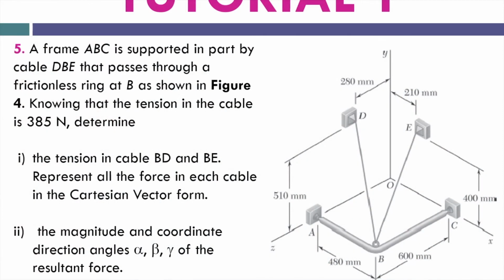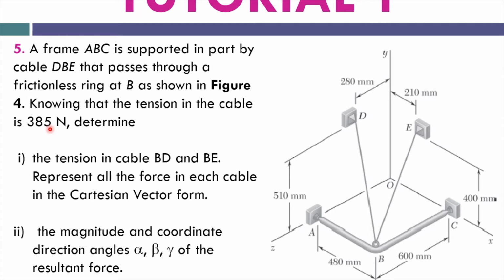Okay, fifth question of the tutorial. So here they're using three axes and three forces, x here, y here, and z here. Okay, unusual from the normal x, y, and z. So each measurement is given, and the tension of the cable is said to be 385 Newton.